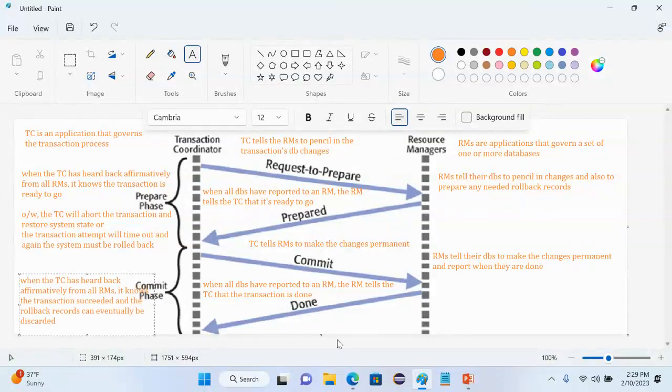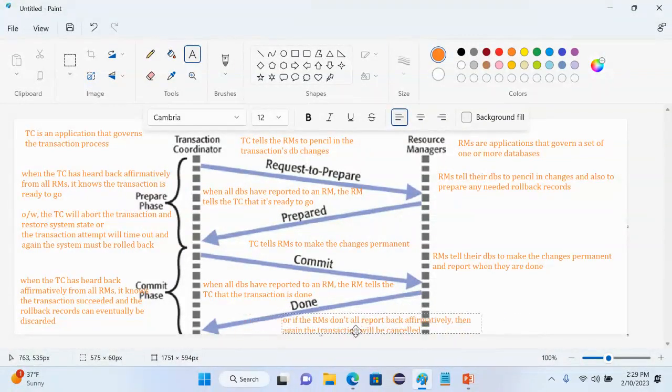So, okay. Or alternatively, if the RMs don't all report back affirmatively, then again, the transaction will be canceled in some sense.